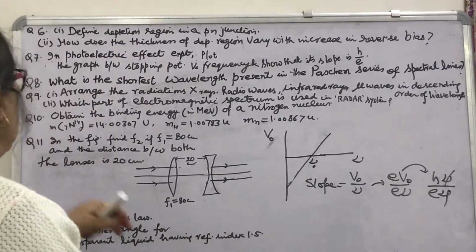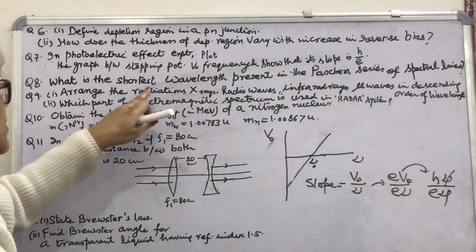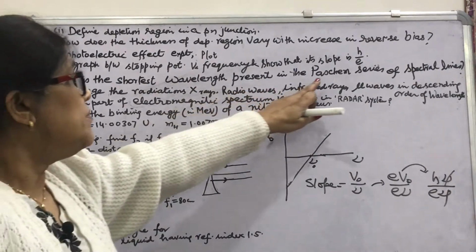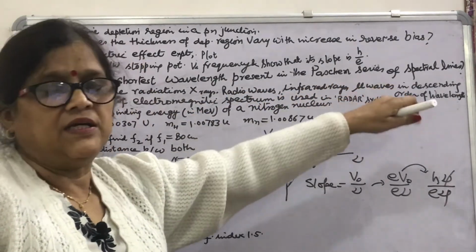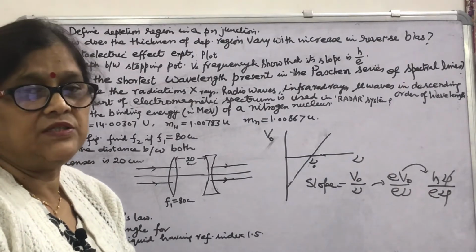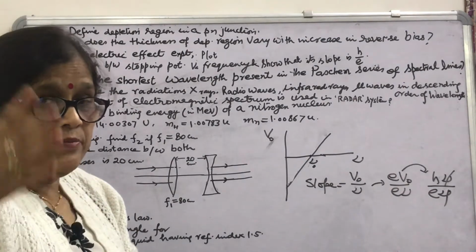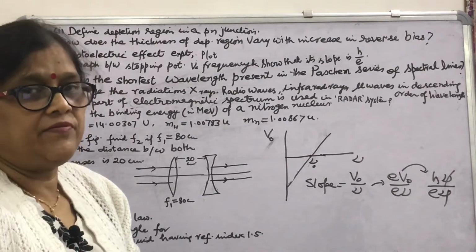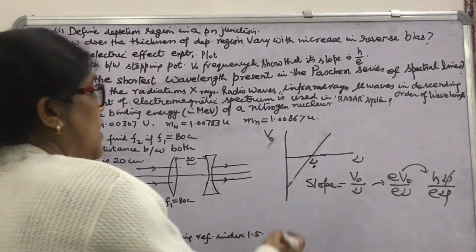Next question: what is the shortest wavelength present in the Paschen series of spectral lines of hydrogen? We have read five spectral series beginning from Lyman, Balmer, Paschen, Brackett, Pfund.